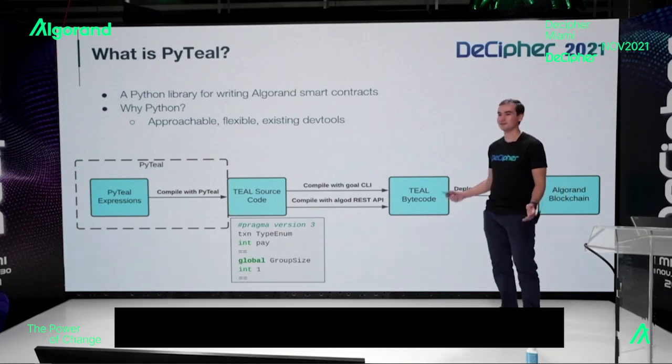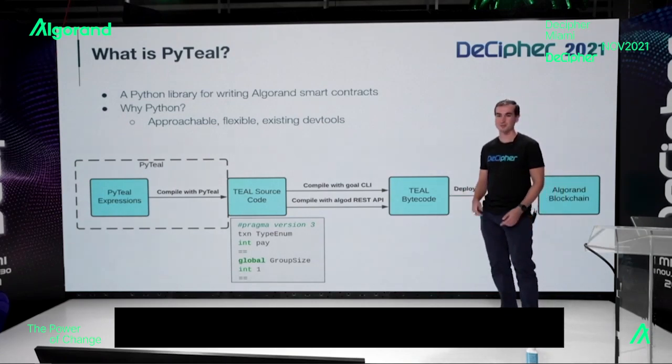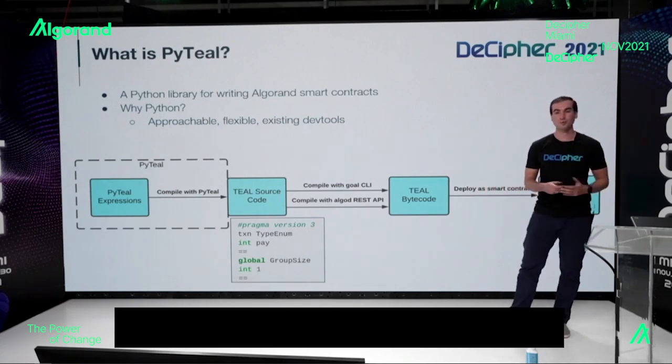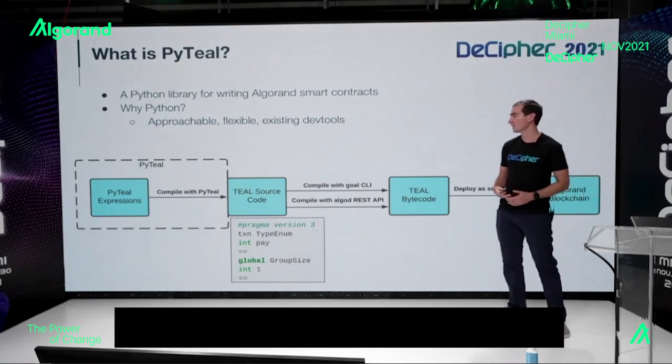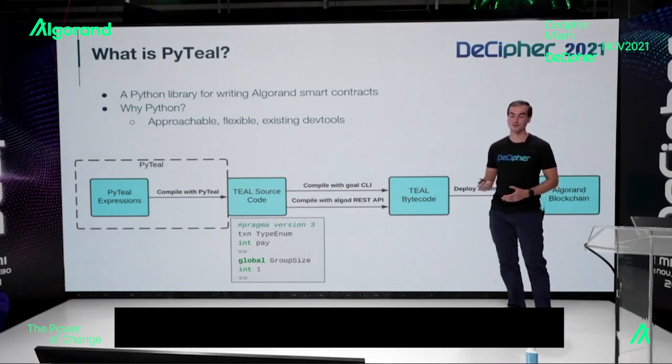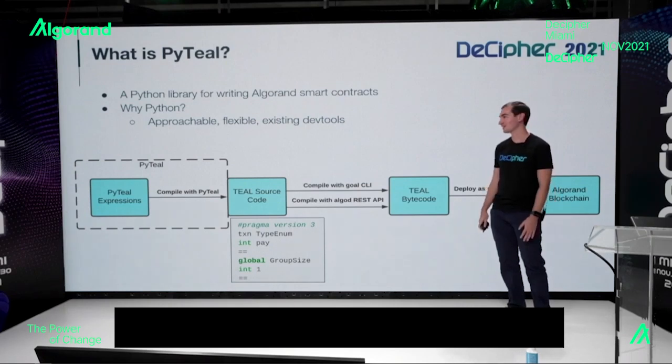And it has a ton of existing tools for developers. I'm talking IDEs, type checking, syntax highlighting. Every developer probably has their own preferences. We don't want to force you to use something that is specific for Teal and requires a whole bunch of additional onboarding. We're trying to make this as simple as possible. So that's a few of the reasons why we chose Python.